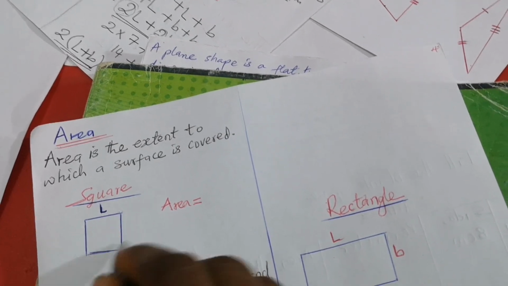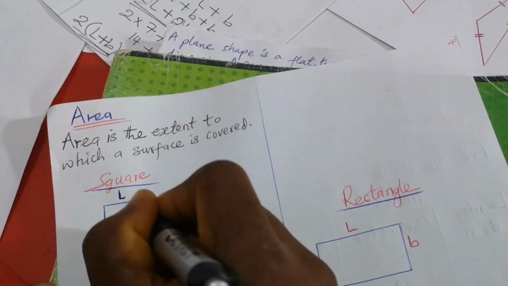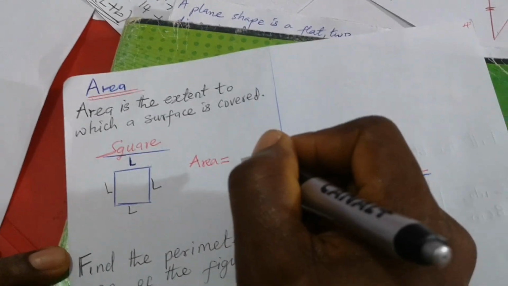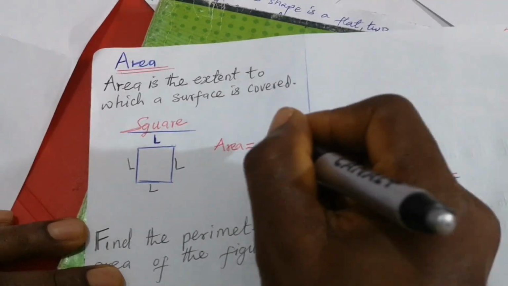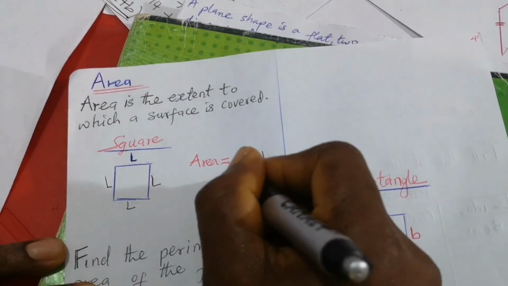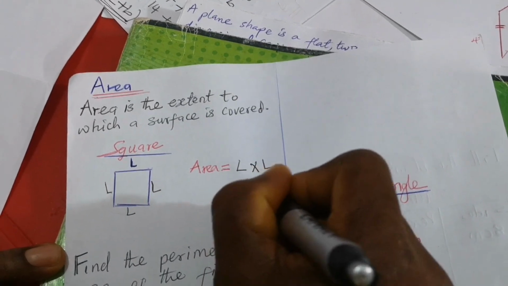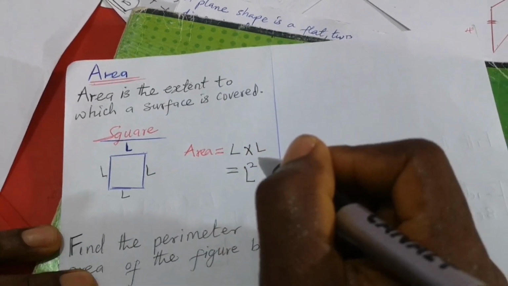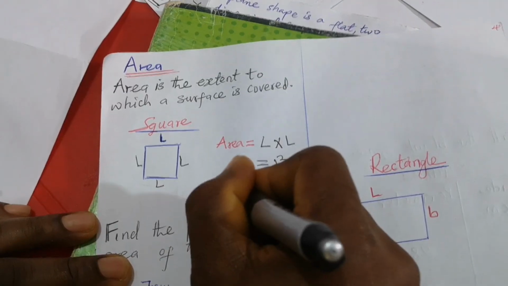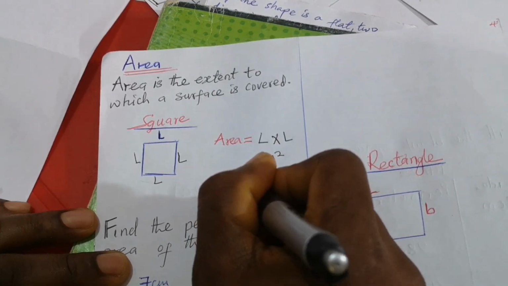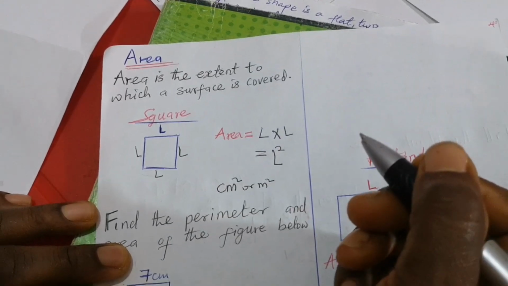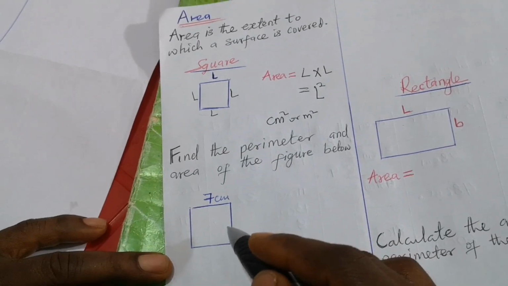Since all the sides of a square are the same, here is L, this is also L, this is also L. The formula is length times length, which gives you length square, and area is measured in either cm square or meter square.